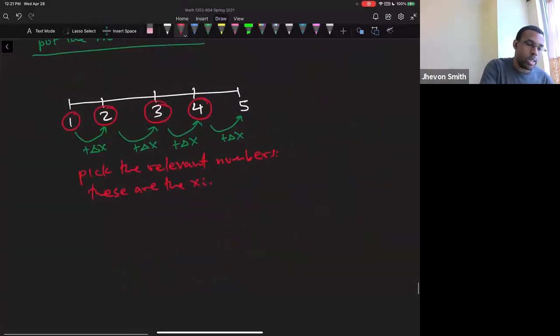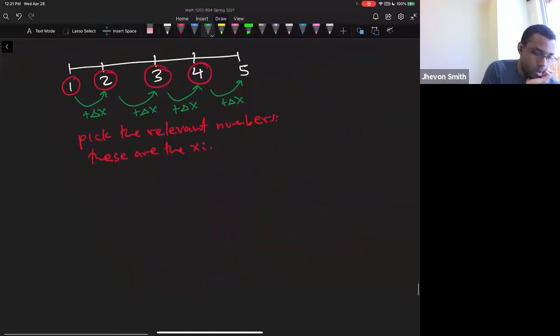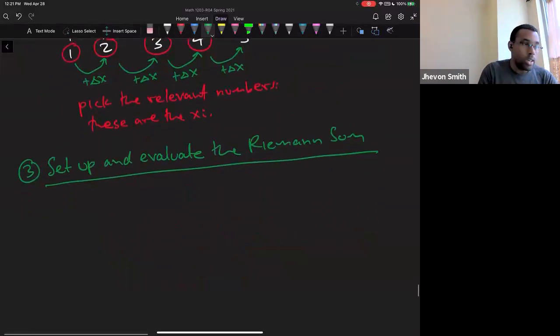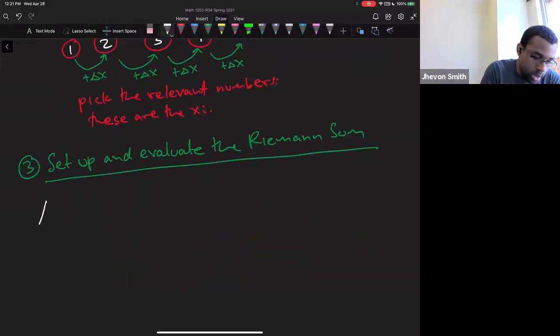So now the third thing is to set up and evaluate the Riemann sum. Okay, so now I know my area.